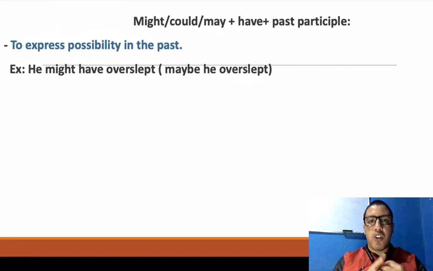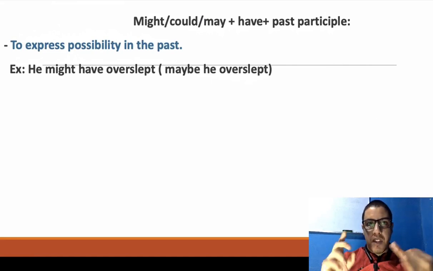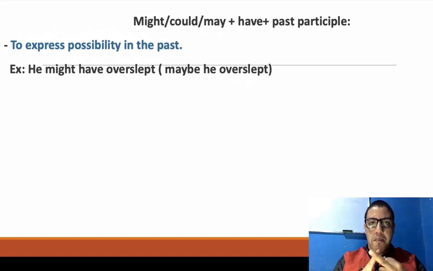This is modal number 3. Okay? So, might, could, may, plus have, plus past participle. We use this modal perfect in order to express possibility, but in the past. Got it? So what do we mean by possibility?